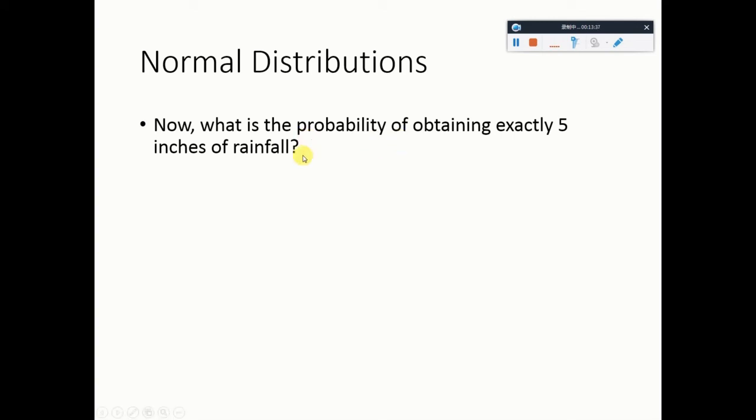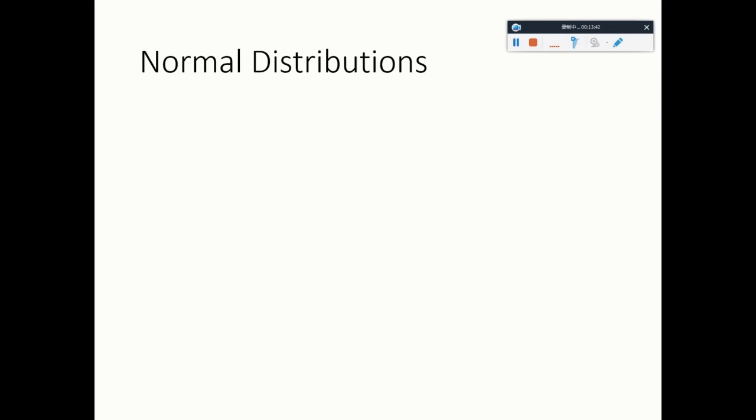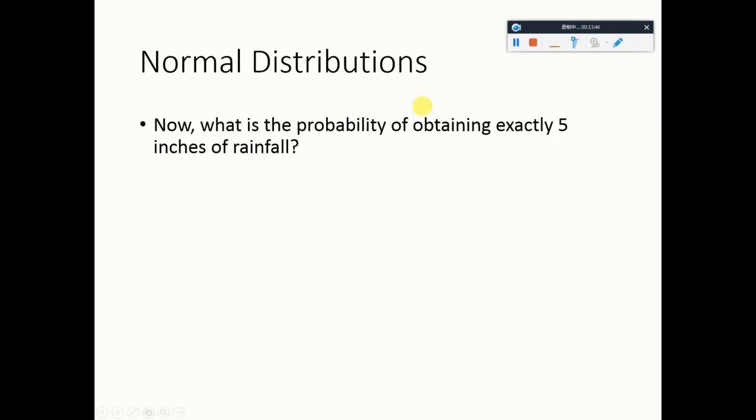But my question here, because our focus is to reason through why the probability of obtaining a precise value from a continuous variable is close to 0, is: what is the chance of obtaining exactly 5 inches of rainfall, right? So note, exactly 5.